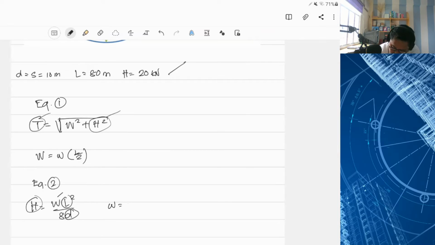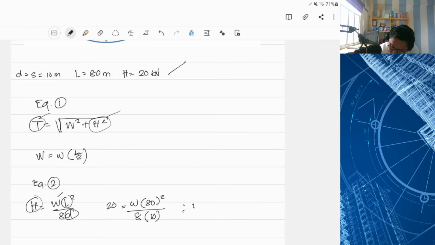So w is equal to, let me substitute first, 20 kilonewton equals small w times L, 80 squared, over 8 times D, 10.